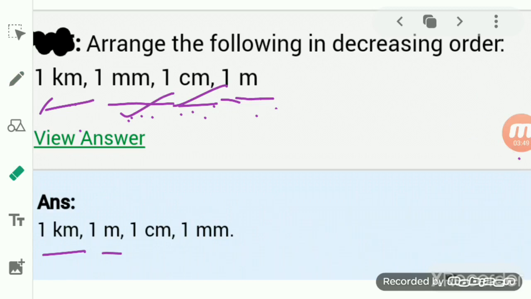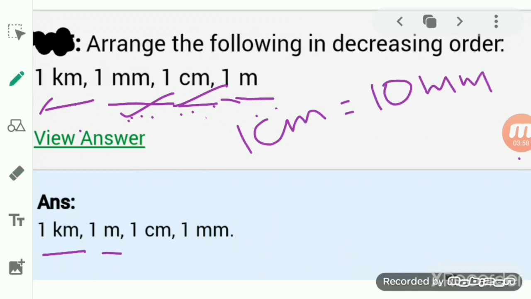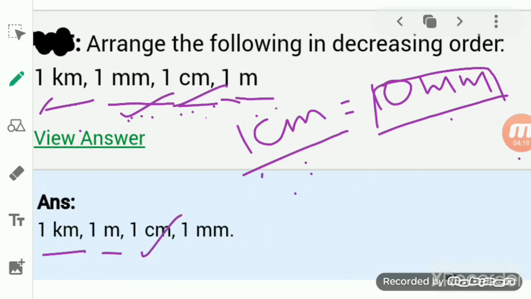We know that 1 centimeter is equal to 10 millimeter. So you can understand that 1 centimeter is a larger unit than the millimeter. That's why the centimeter will be larger than the millimeter. So centimeter will come first, and then at last the millimeter will come.